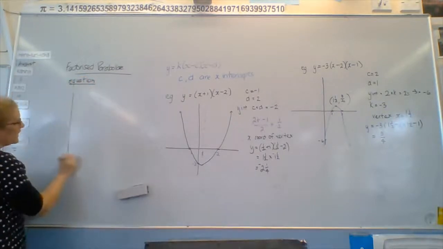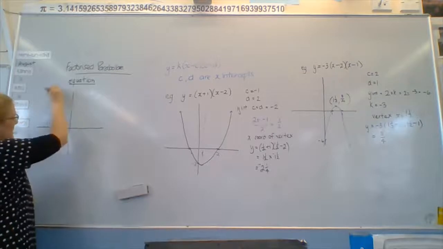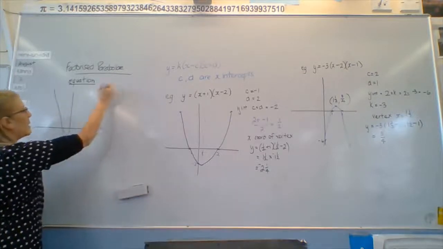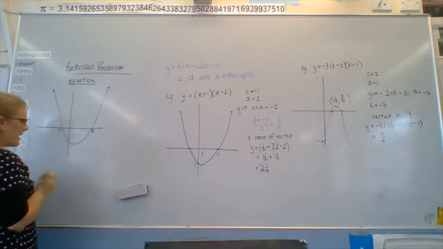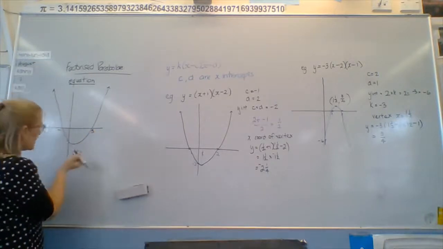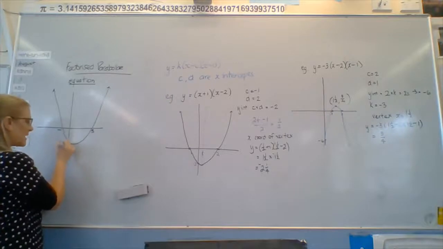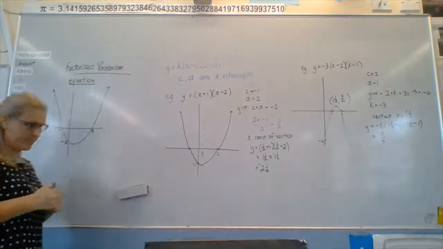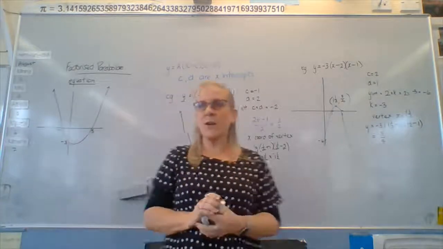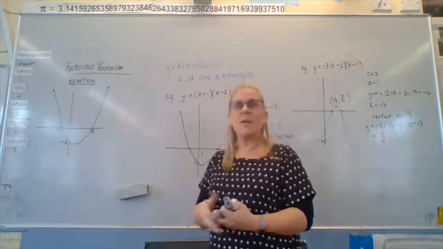We've got a picture, and it goes like this. There we go, and it goes through -1, 5, and -3. Okay, so that's our diagram. We're going to find the equation for that.